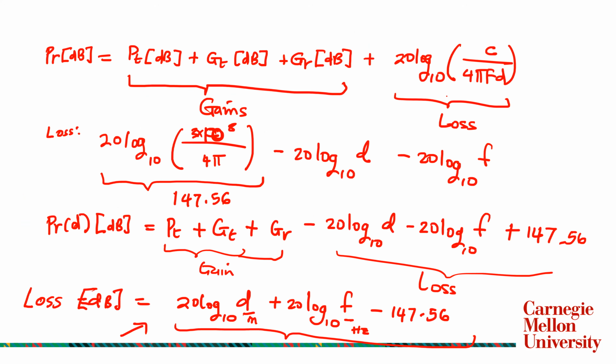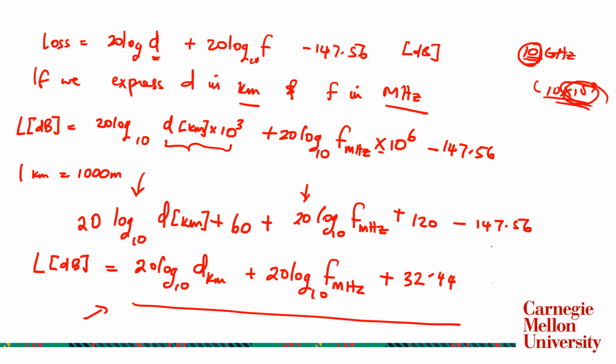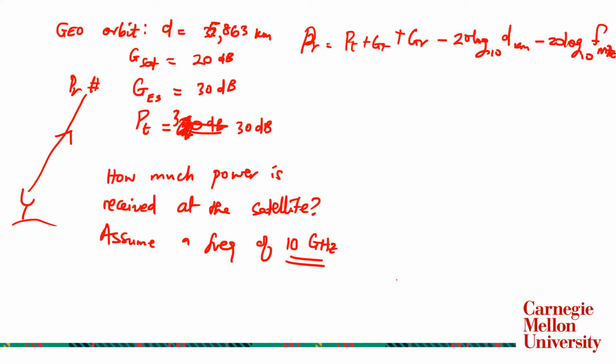Now you see here, before it was negative 20 plus. This was plus. But now, instead of having a minus in the loss, we have a plus. So that means that here will still be minus 32.44 dB. Everything will be in dB.